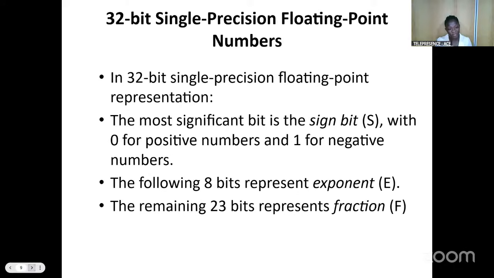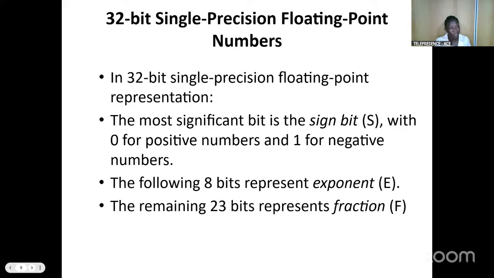For 32-bit single precision floating points, we have the most significant bit, which is S. That is the leftmost bit, the one at the extreme left, with 0 for positive.